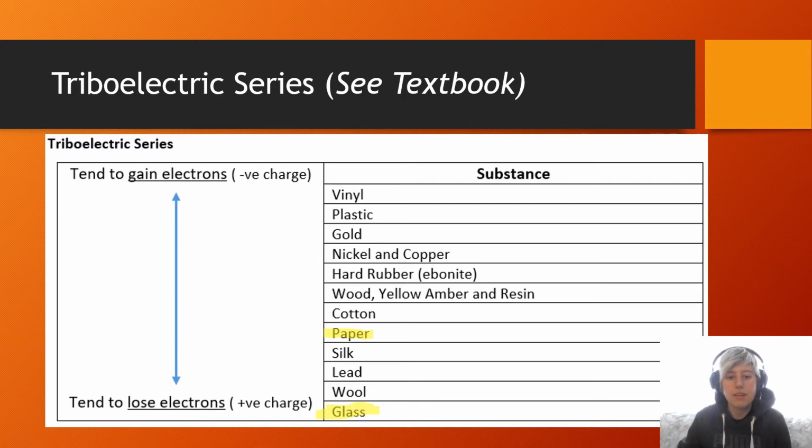Based on this setup, I can see that glass is closer to the positive end than paper is. So paper, in this case, will take electrons from glass, acquiring a negative charge, and glass will lose electrons, acquiring a positive charge. So whenever you are charging by friction, you always need to look at your triboelectric series to see which material will be losing electrons and which material will be gaining electrons.